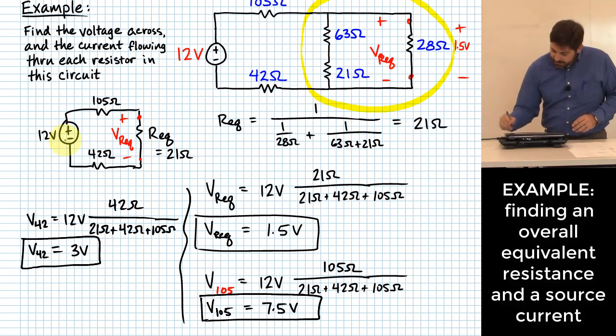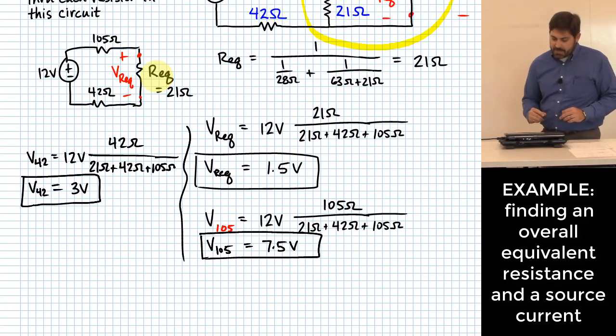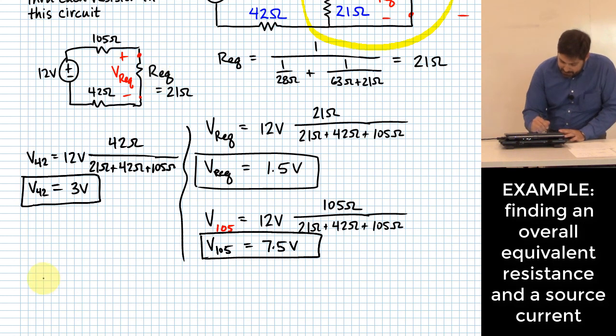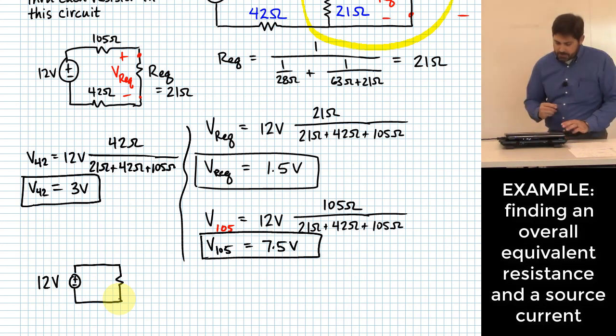I could take that circuit that I did up here where I collapsed it down into REQ, and I could collapse it down even more and say I've got a 12 volt source going through just one resistor, like an overall equivalent resistance. What would that resistor have to be? The summation of 42, 21, and 105, right?